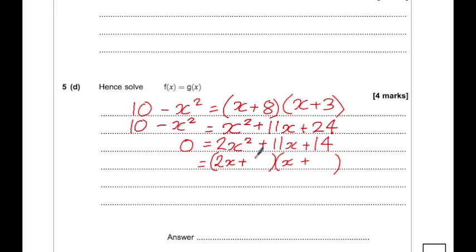We're going to have a 7 here and a 2 here. So then we'll get 2x squared plus 4x plus 7x plus 14. So when we solve it, x can either equal minus 7 over 2 or minus 2.